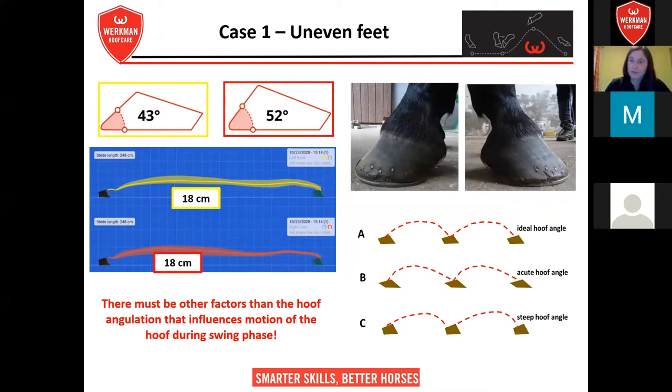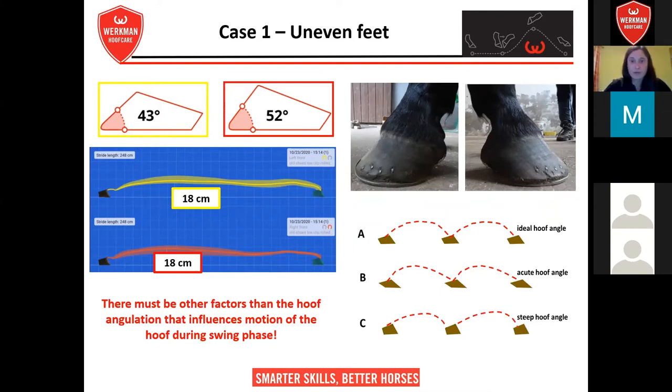So the thinking was that if you have an acute hoof angle, the flight arc has its peak a little bit earlier, and if you have a steep hoof angle, the flight arc has its peak a little bit later. So the hoof angle was more or less associated to the swing phase motion.